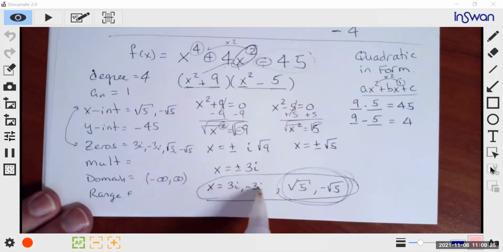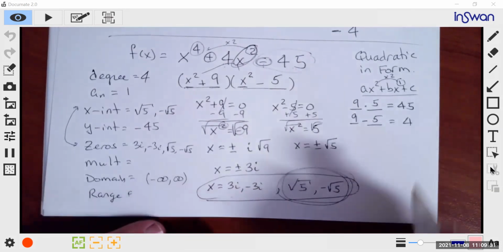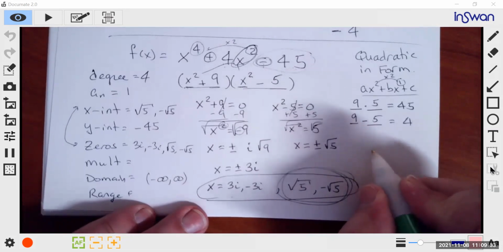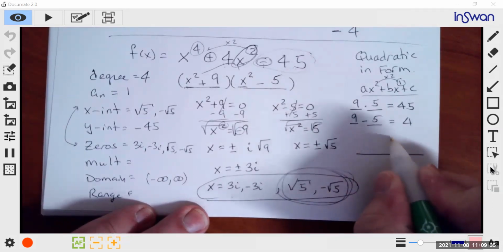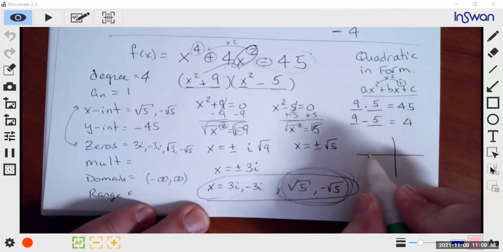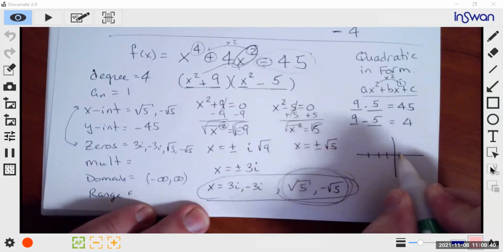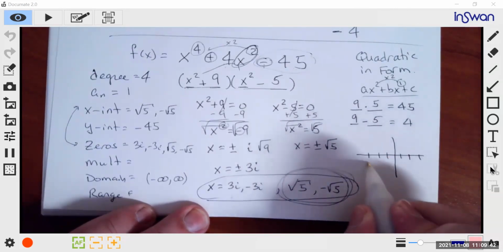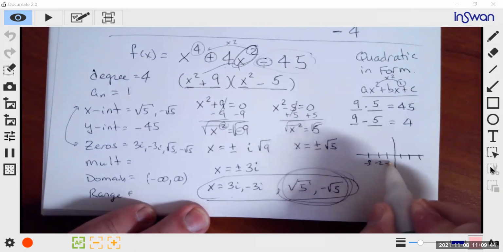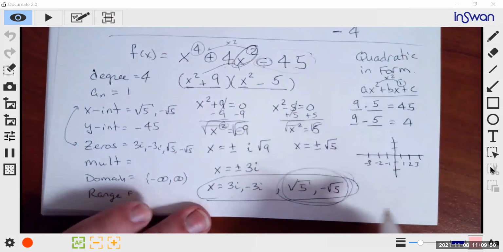You can't graph imaginaries, so there's not really x-intercepts for those.